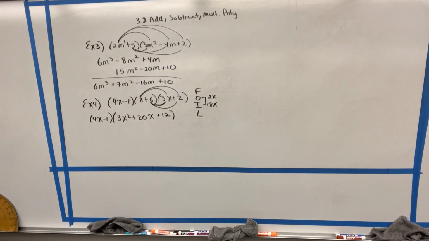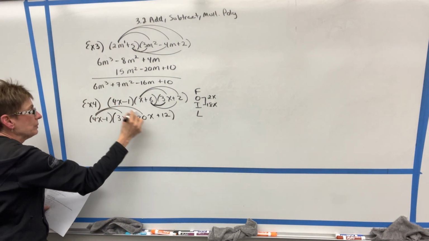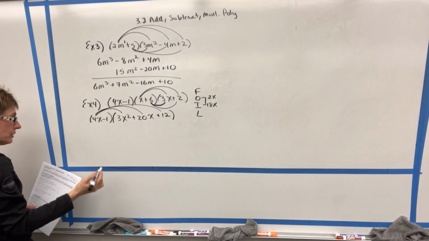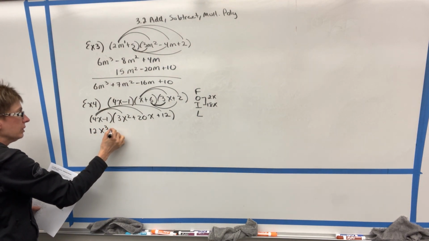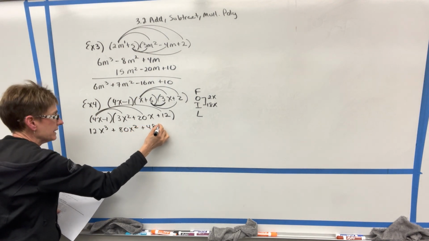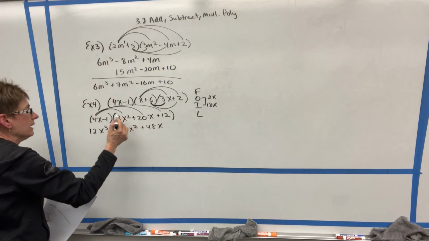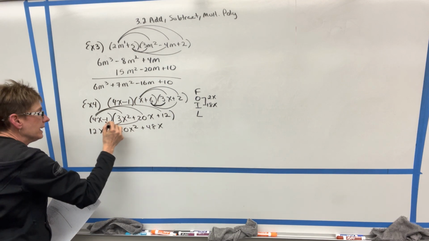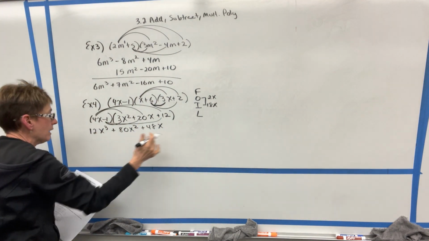Now that I've done that work, I can do exactly the same steps I did before. Multiply everything by 4x first. So this will be 12x cubed plus 80x squared plus 48x when I multiply everything by 4x. Now I'm going to take the negative 1 and distribute it to everything in my second parentheses, and I'm going to line everything up here.